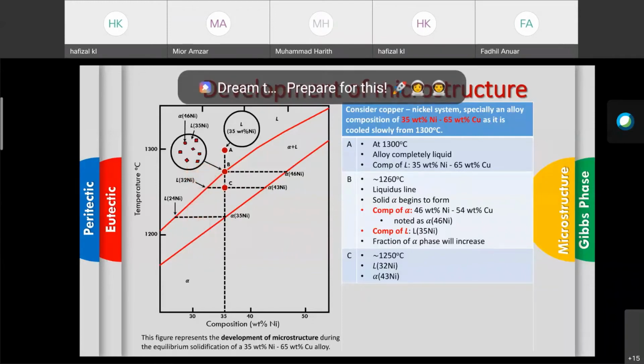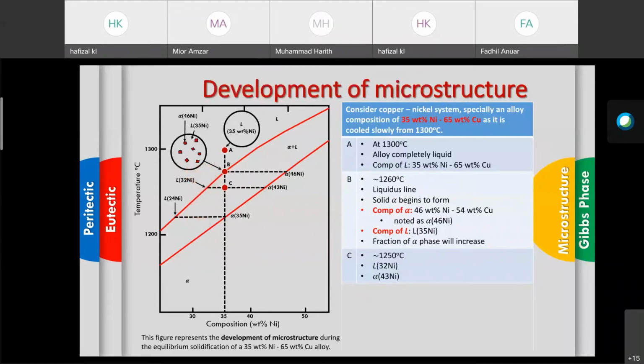Along to the x-axis, in this case we have the alpha and liquid at 43 and 32.